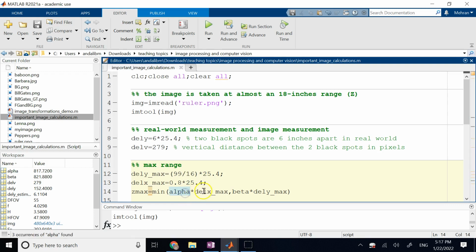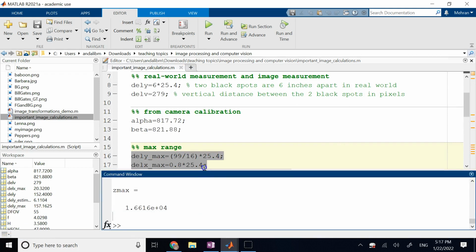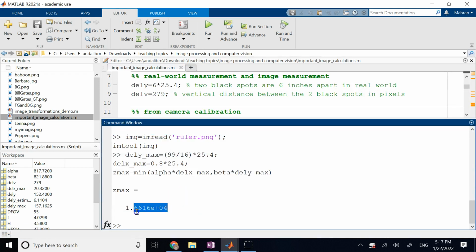So here I multiplied alpha by delta x and beta by delta y, and then I get the minimum of the two, which if I run here, you see, this is in millimeters, 16.62 meters, right? Or 16,000 millimeters. So if I want it in meters, 16.62 meters.